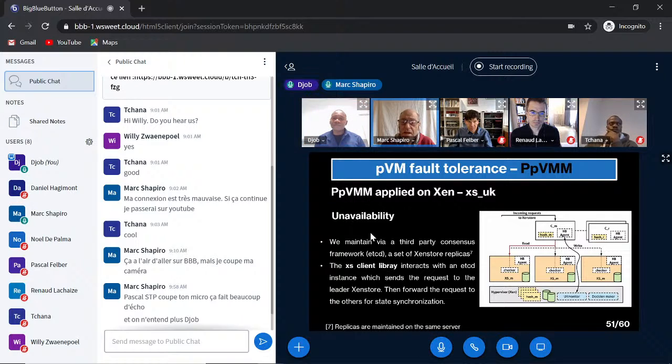Okay. And what do you do for slowdowns? If one of the replicas is very slow, how are you going to detect this, with timeouts or what? Not us. We are not doing it explicitly, but etcd, since it is a component made to manage this kind of situation, is going to handle it.